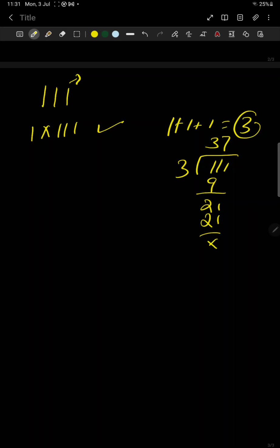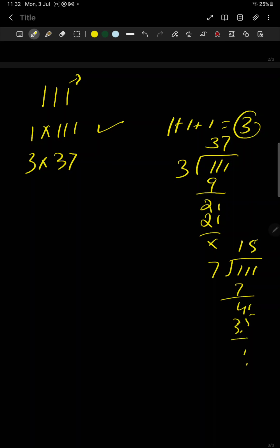So yes, 3 into 37. It is not divisible by 5. It is not divisible by 7 as well, because if we divide it by 7, it is not divisible anymore. 7 fives are 35 and there will be a remainder, so it will not be.